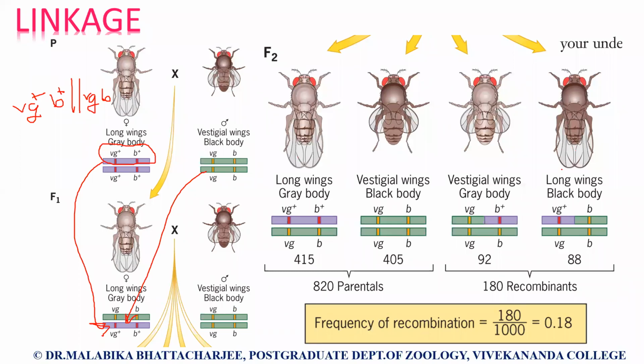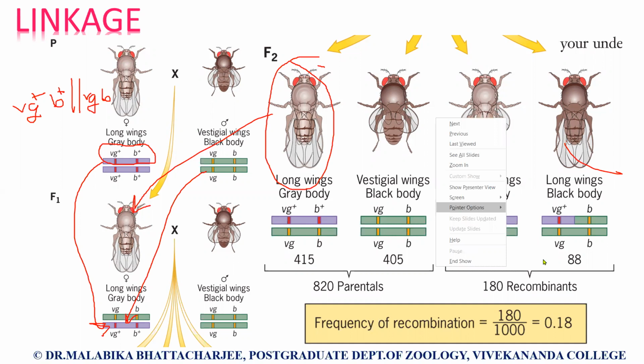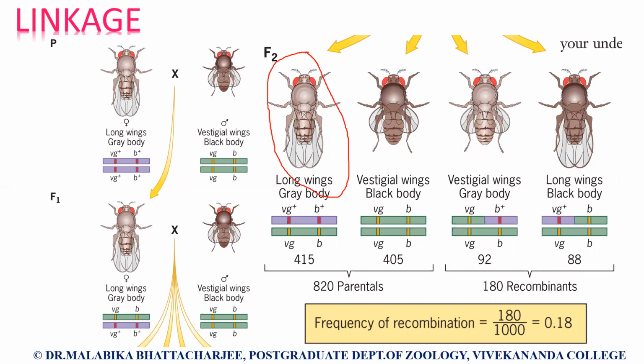As you can see, 4 types of flies were obtained. If you look into the first fly, it is similar to its parents.